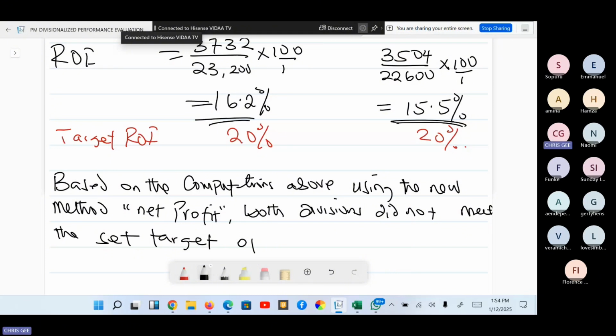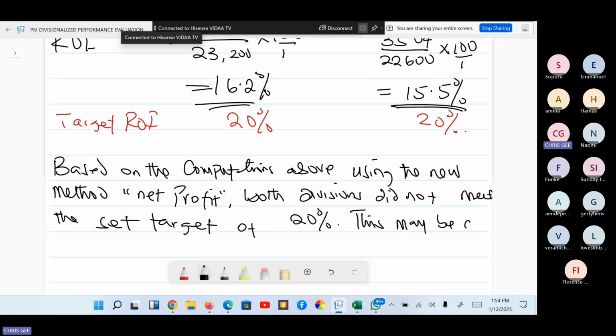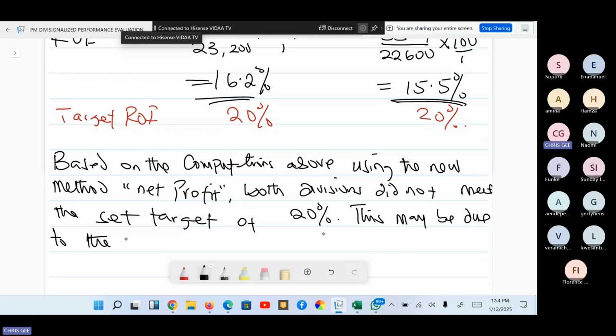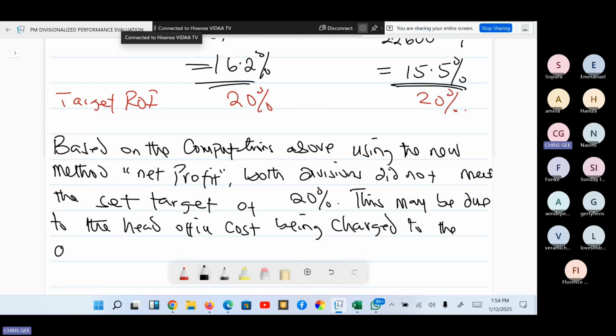This may be due to the head office costs being charged to the divisions before arriving at net profit. No further write-up is required.